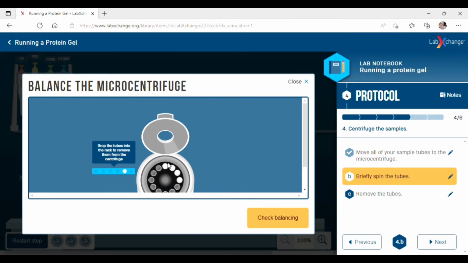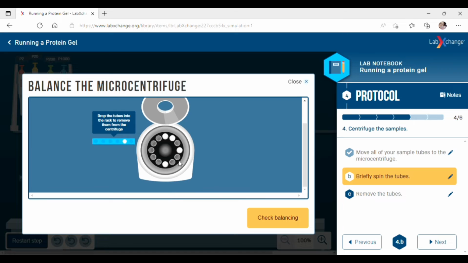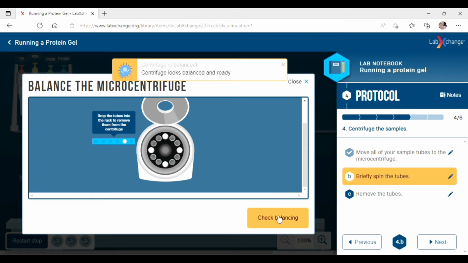Don't forget to balance the tubes in the microcentrifuge. This is to provide enough weight to balance out the other microtubes.